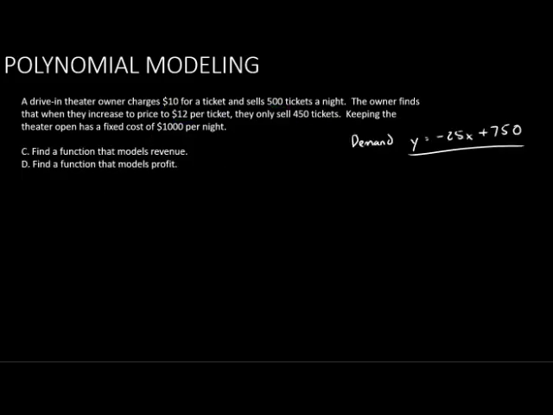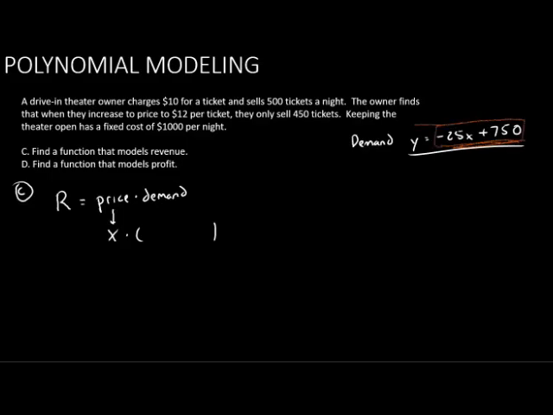Now that we have an equation for demand, we can now find a function that models revenue. To find our revenue, we'll use capital R is equal to price times demand. But if you recall, our price we decided was just our x. Our demand will be the function we just found in part B. Therefore, in place of the demand, we'll say negative 25x plus 750.